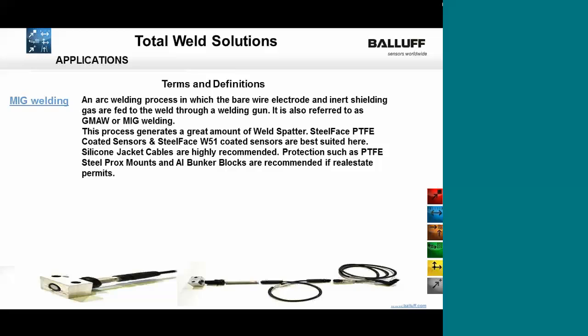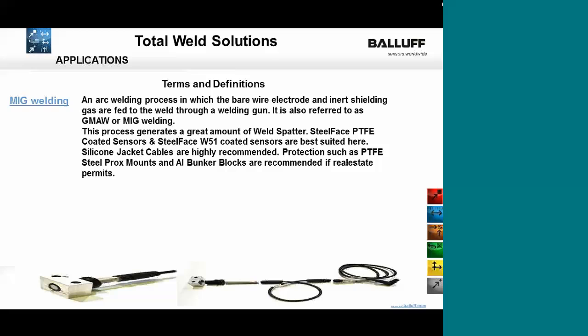In order to combat that, Balluff has a whole plethora of sensors with PTFE coating, which is also known as Teflon, and we also have a coating we refer to as W51, which is a new type of coating that is an inhibitor of weld spatter adhering to the sensor face.